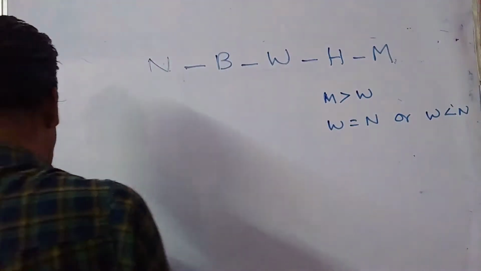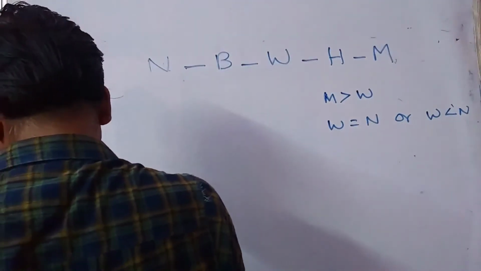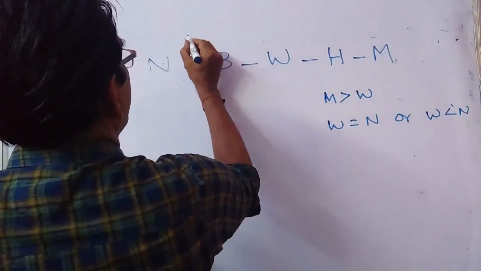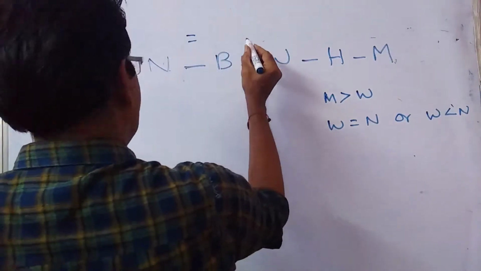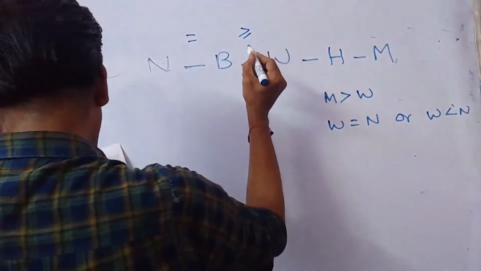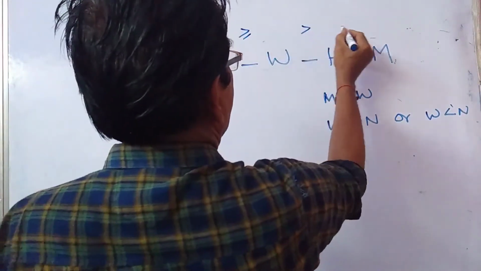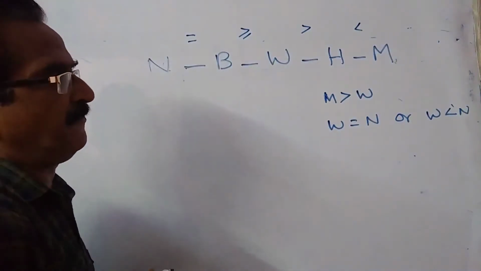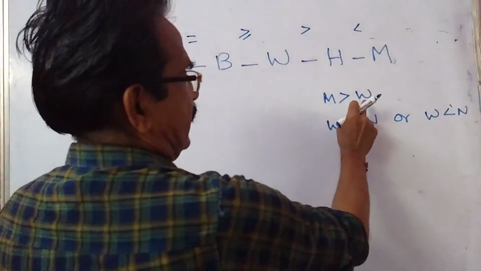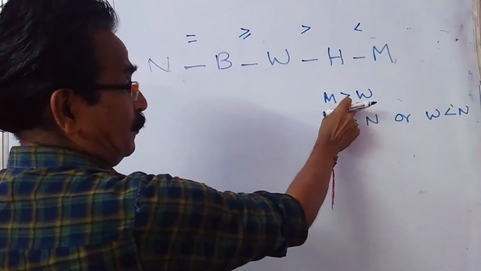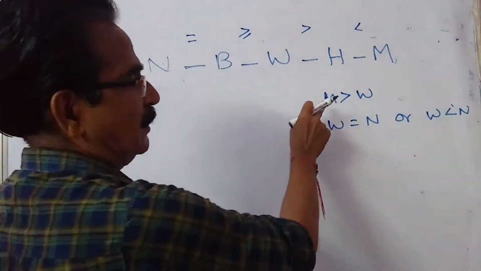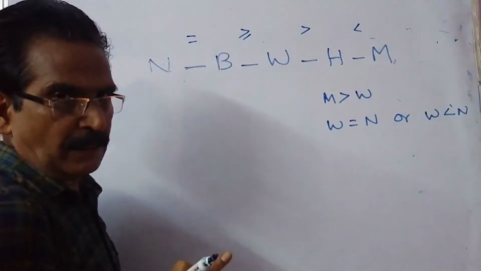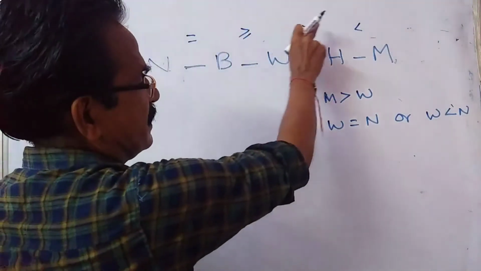So first option is equal to, greater than or equal to, greater than, less than. So this is the first option. Let us see whether this conclusion is true with these symbols.